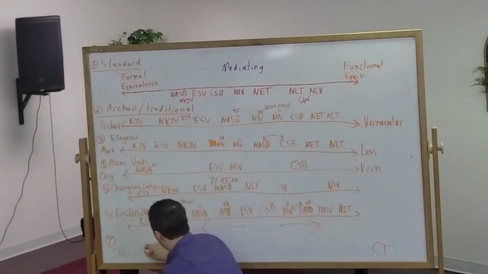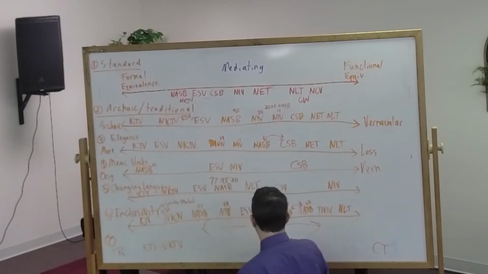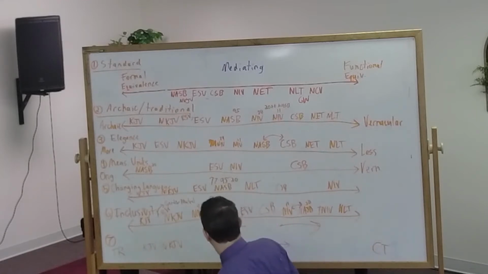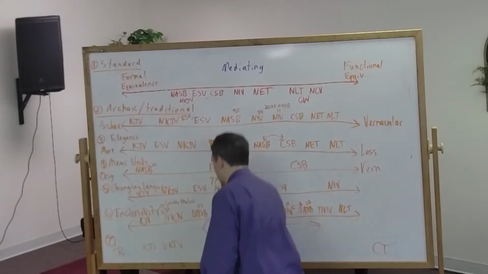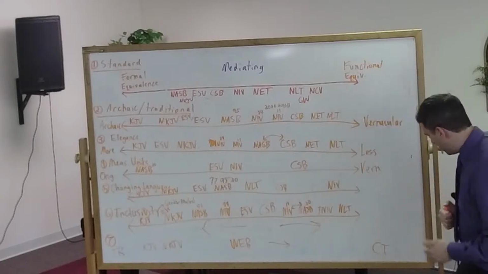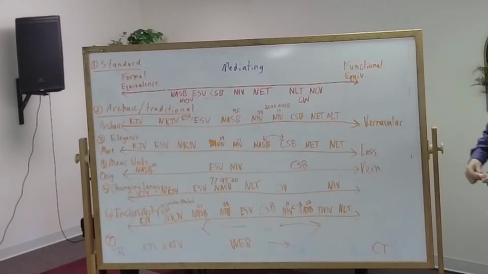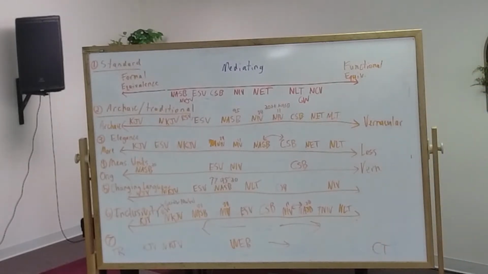Well, you've got your KJV and NKJV, and then pretty much everybody else uses a critical text to a great degree. You've got the WEB here in the middle, but everybody else is going to use the critical text. And that's the Web Bible or something? Yeah, the World English Bible, I think it stands for. They use a Byzantine text, but pretty much everybody uses the critical text. We've looked at that in previous weeks.